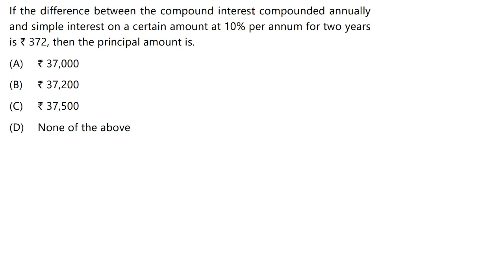If the difference between the compound interest compounded annually and simple interest on a certain amount at 10% per annum for 2 years is 372, then the principal amount is? Under simple interest, amount is equal to principal plus interest, and interest is equal to principal into time into rate.